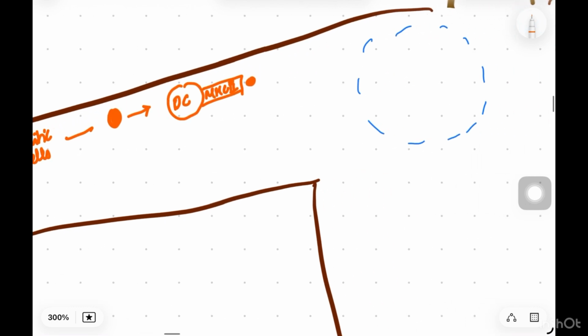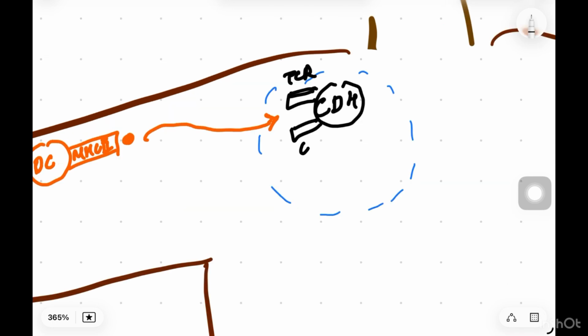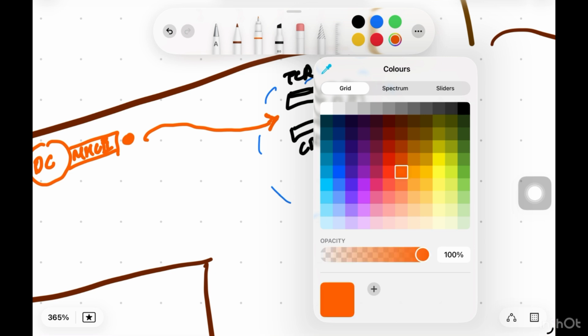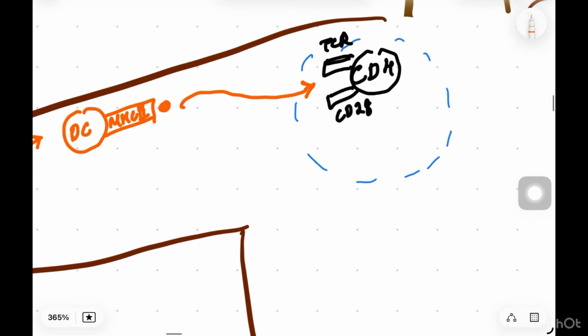Then they will travel to the local lymph node where they interact with a CD4 T cell. The CD4 T cell is going to have a T cell receptor and it is going to have a CD28 molecule. The dendritic cell, on the other hand, is going to have your MHC class 2 molecule which presents the peptide and also a B7 molecule.